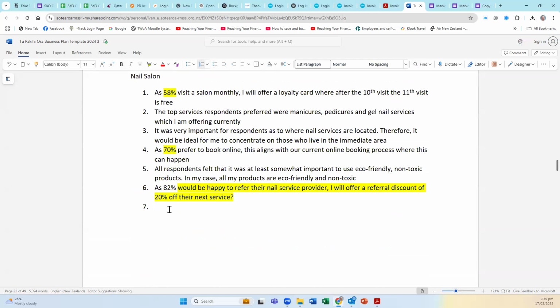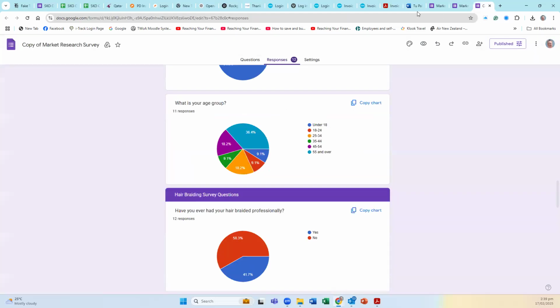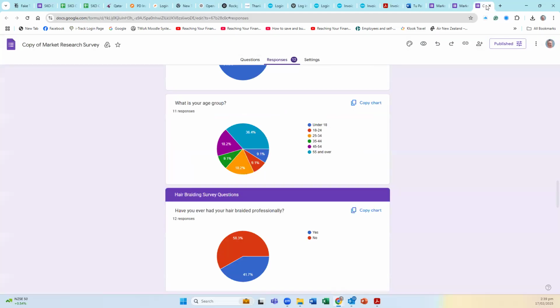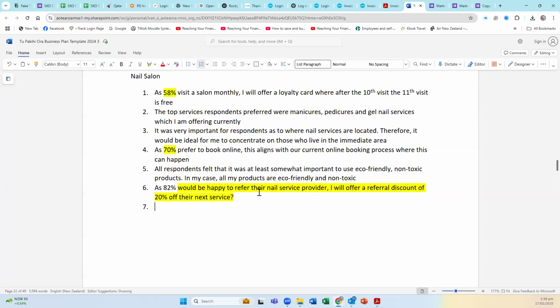Actually, I forgot to put the age in here. Let me just put that age one. I thought I did. Did I accidentally delete it? I must have. So let's do it again then. Sorry. 36% and 18%. Let me just do it. 36% and I thought I did have it there, eh? Oh, never mind.